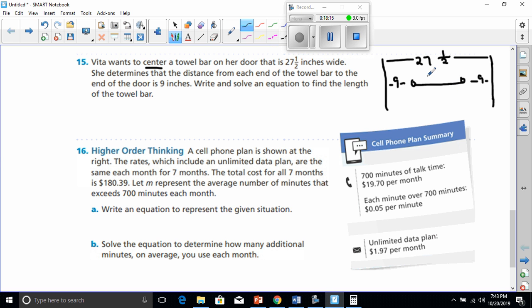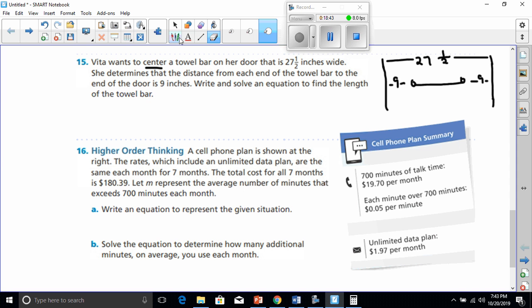Okay. Well, we know that 2 times 9 plus whatever the towel bar is will equal 27.5. So 2 times 9, right, and then we're going to add the towel bar, so that would be plus t, right? I'll put it on this side.